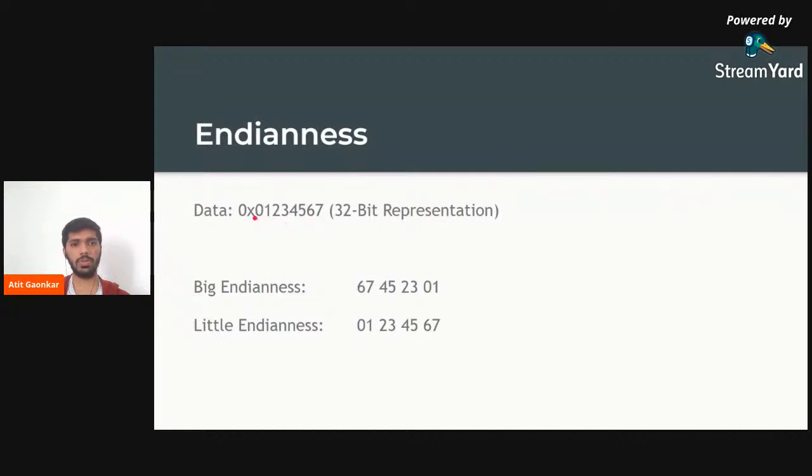If you do a 32-bit representation of this, what you do is you take 4 bytes at a time and you reverse it. So 6, 7 comes first.